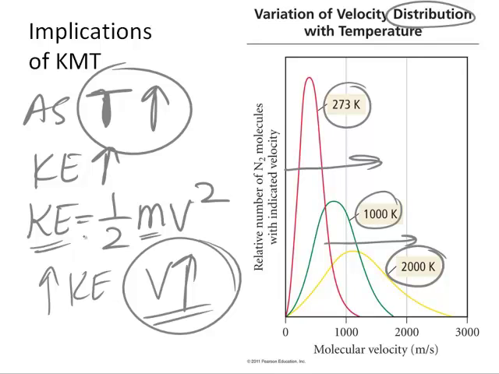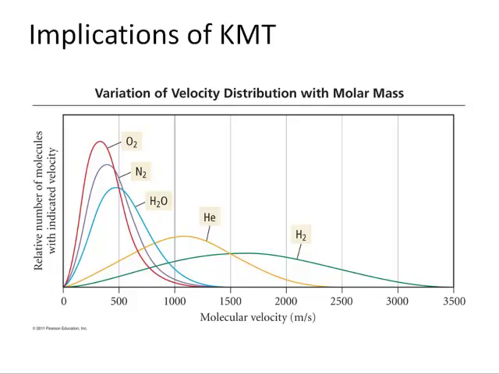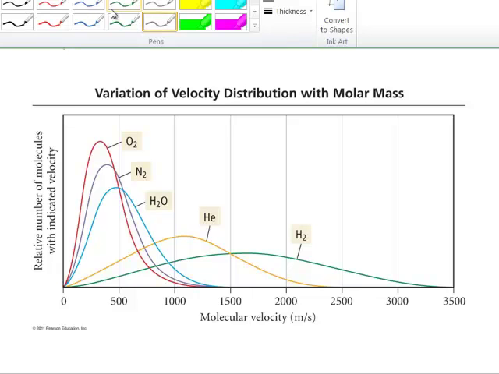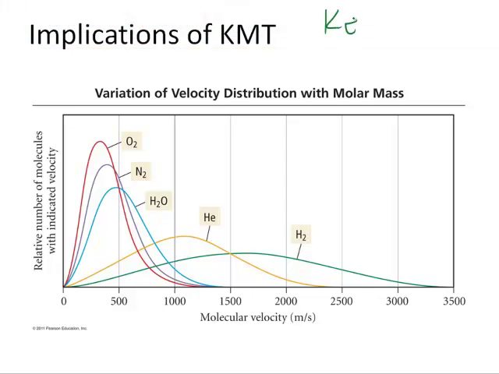And so what would happen if the masses vary? Well, this would give us information about the velocity. And it turns out that if we take a look at that, you can see that the lighter gases move faster at the same temperature. And we can look at this as a function of kinetic energy equals 1/2 mv squared.